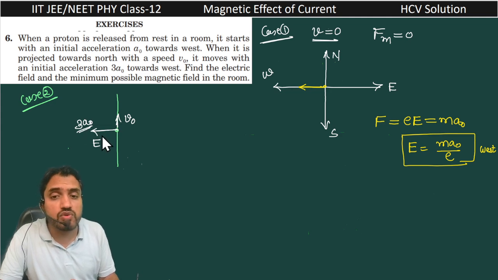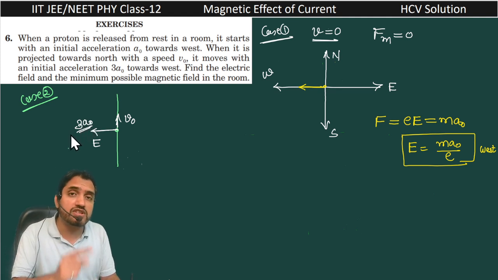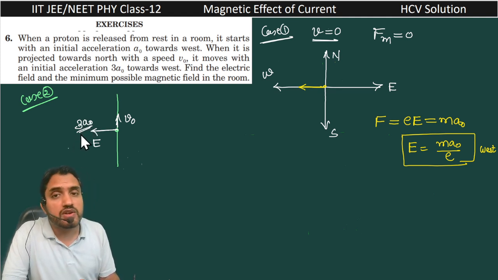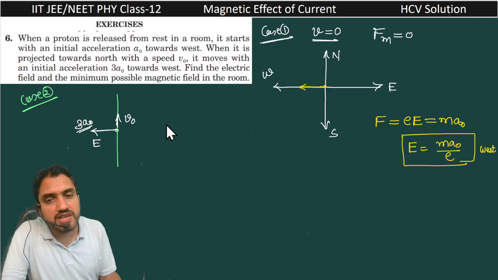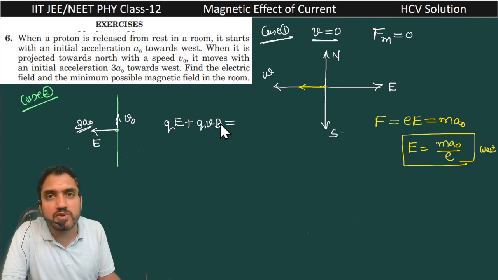So the magnetic force also will be in the west direction, because the acceleration is now increased by 2a naught. So the net force is equal to the electric force, that is qE, plus the magnetic force, that is qvB, is equal to mass into acceleration, that is 3ma naught.